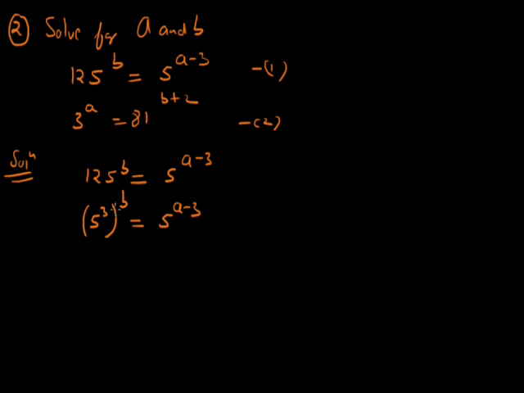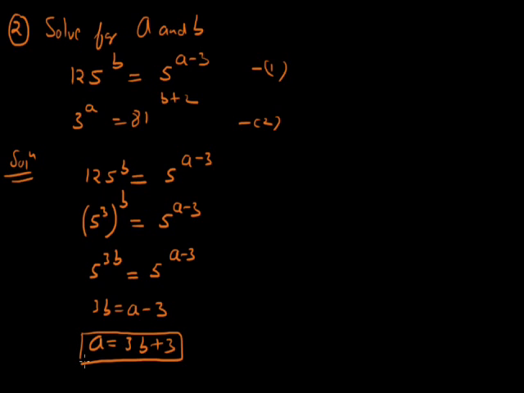These two powers are multiplied, 3 into b, I get 5 raised to the power 3b is equal to 5 raised to the power a minus 3. As the bases are the same, the powers are also equal, so I get 3b equals a minus 3. Let's say this is equation 3. From this equation, I can say that a is equal to 3b plus 3.